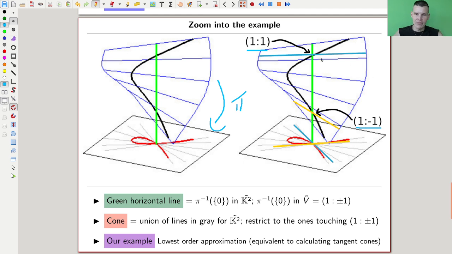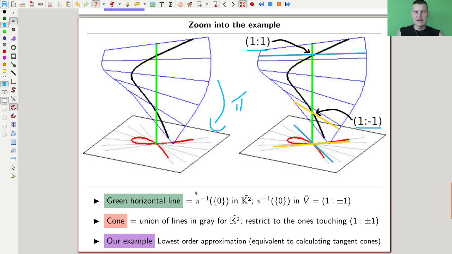So (1,1) and (1,-1) are the two types of preimages here, the preimage of 0 in k squared, or the preimage of 0 in v. So it's either the green line or those 2 points, depending on what type of preimage you take.